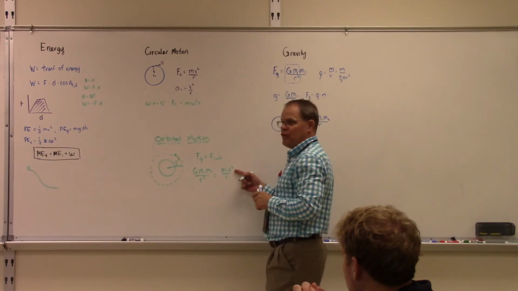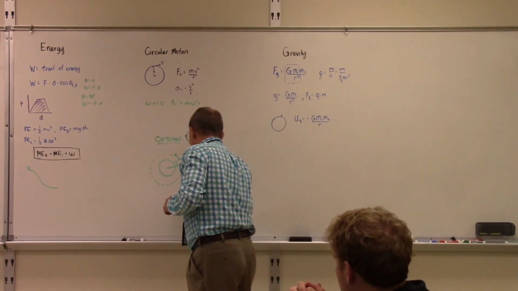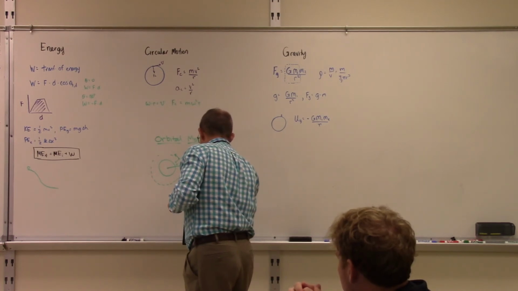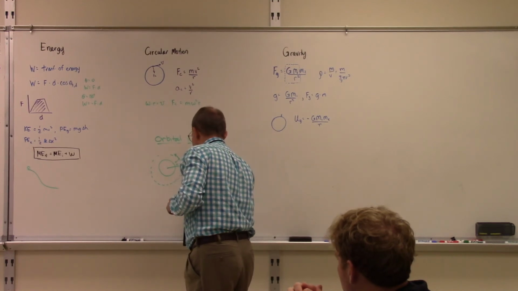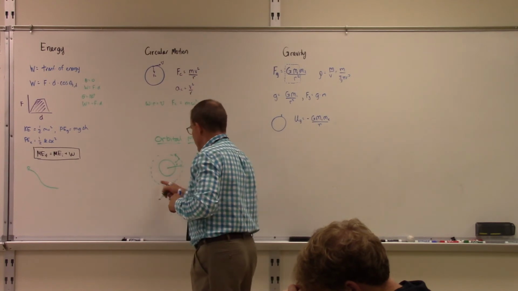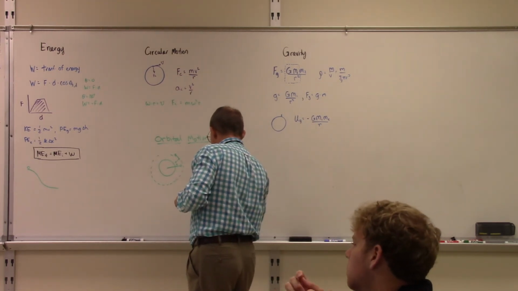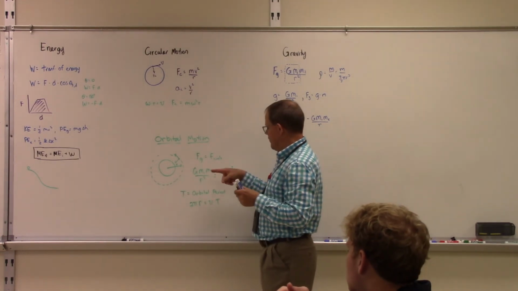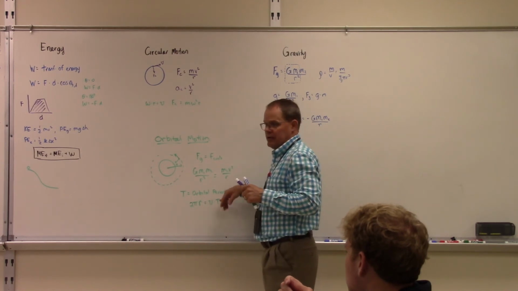That allows you to find the orbital velocity, and then the orbital period, T. The orbital period can be found by using the distance it's got to go, which is 1 time around. So 1 lap is 2 pi r. That equals the velocity times the time, the orbital period. So using that idea and the velocity, which you can solve for here, you can work out the orbital period.